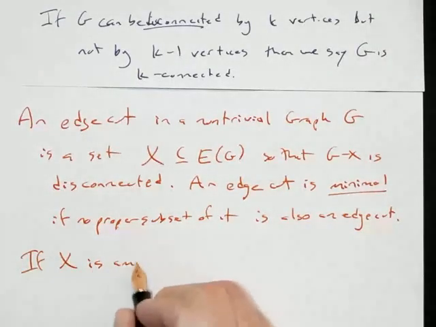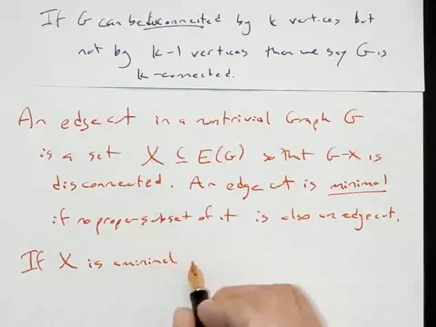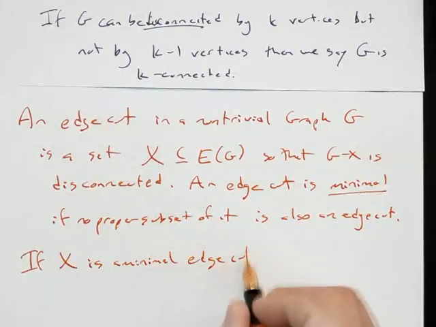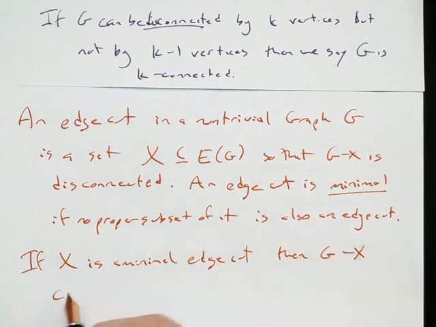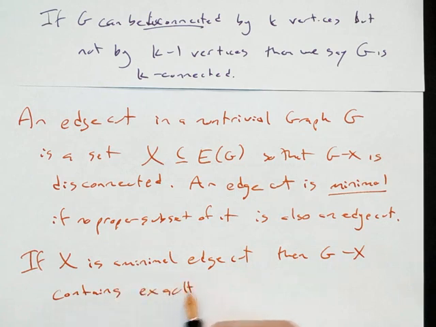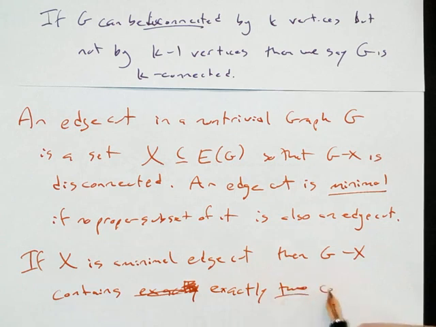If X is a minimal edge cut, then G minus X contains exactly two components.